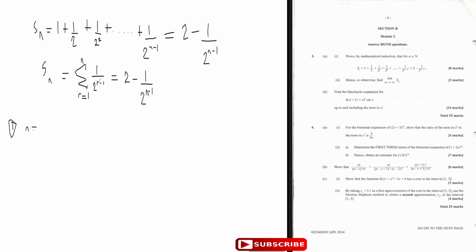When n equals 1, we get 2 to the 1 minus 1, which is 2 to the 0, so Sn is 1. Let's check it on the right hand side. It is 2 minus 1 over 2 to the 0. 2 to the 0 is 1, which gives 1. So yes, both sides are equal, and so S1 is true.